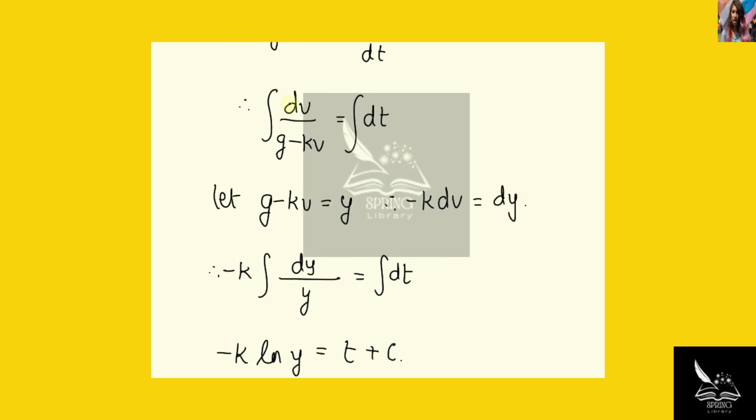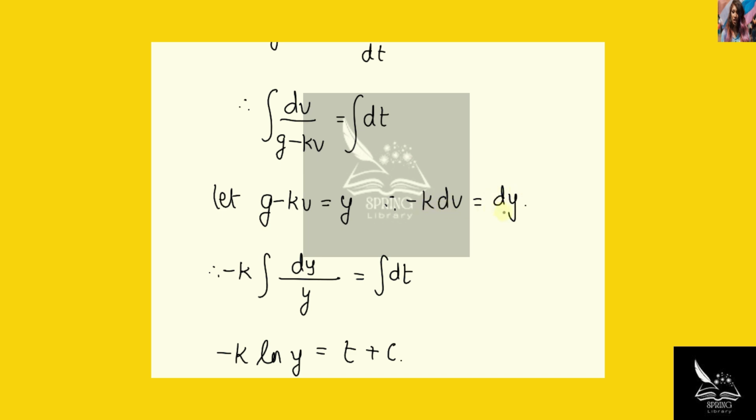Now I have to integrate this. So what I have done is I have taken g minus kv to be some y. If I differentiate both sides, g is a constant, so its differentiation will be 0. Differentiation of kv will be k dv, which equals dy.